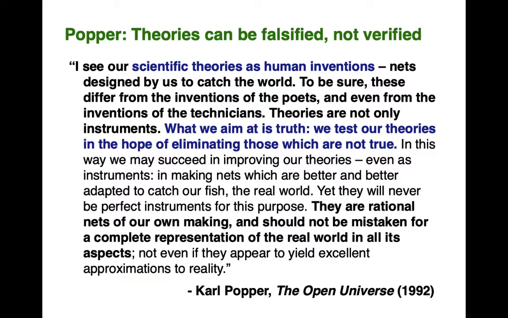In this way, we may succeed in improving our theories, even as instruments, in making nets which are better and better adapted to catch our fish, the real world. Yet, they will never be perfect instruments for this purpose. They are rational nets of our own making and should not be mistaken for a complete representation of the real world in all its aspects, not even if they appear to yield excellent approximations to reality.